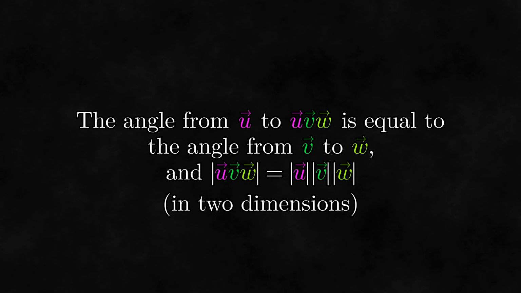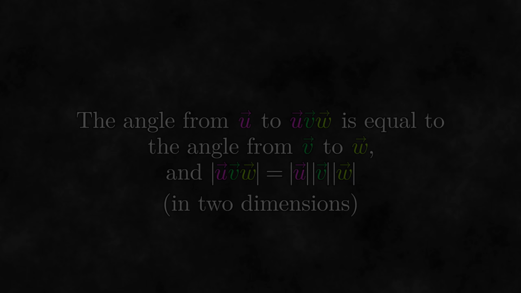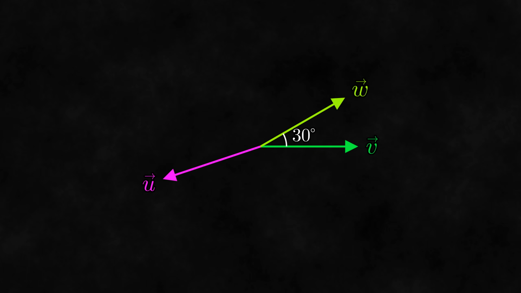So what use is any of this? Well, let's look at a particular situation where we can use this. Let's say we wanted to rotate this vector by 30 degrees. How can we calculate this? Well, if we can find 2 other vectors v and w that have an angle of 30 degrees between them, upon multiplying u, v, and w, the result will be precisely the rotated vector, but with a different magnitude.